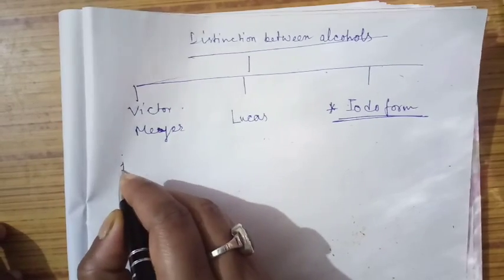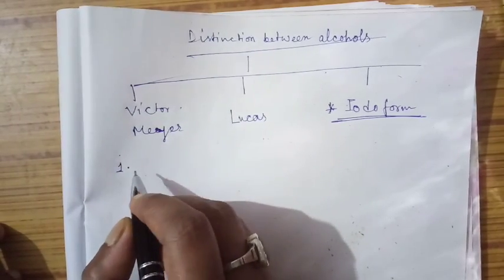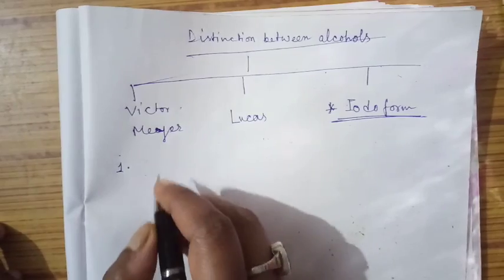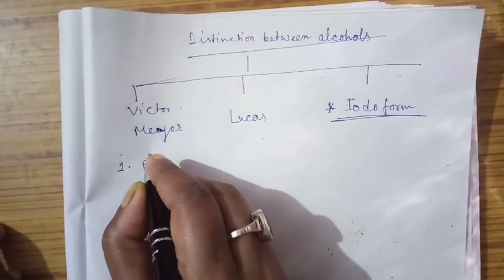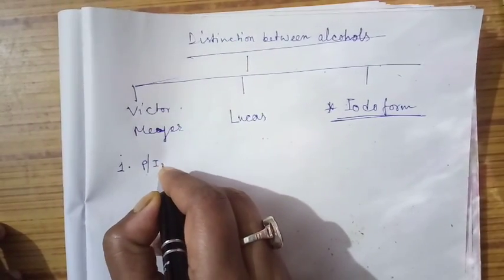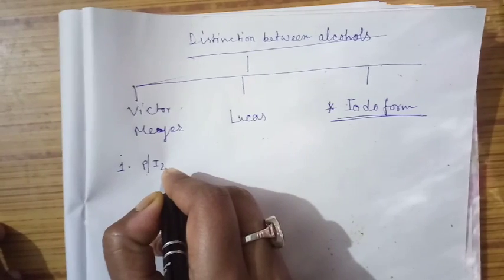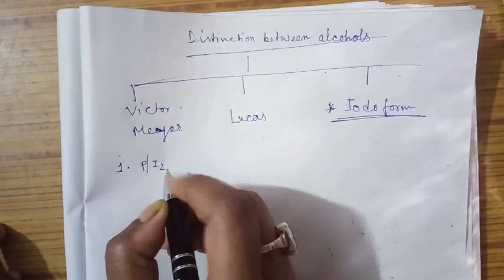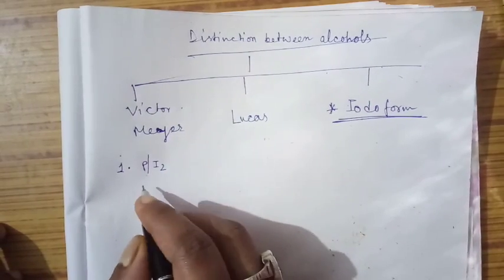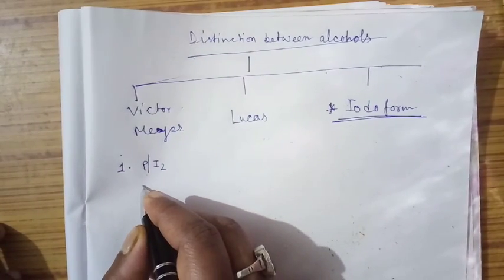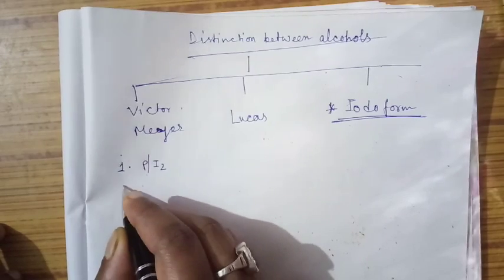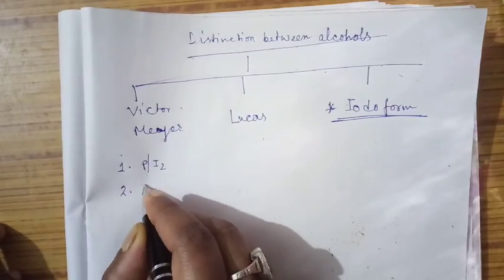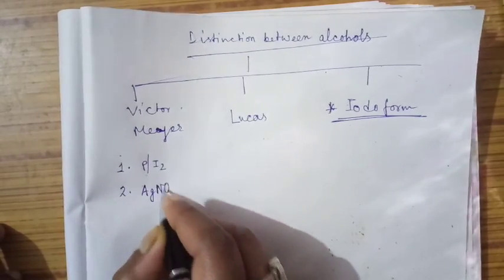Number 1, suppose you have 3 types of alcohols, you have to add first of all red phosphorus with iodine to convert alcohol into iodoalkane. All of us know this reaction already, we have discussed. Secondly, we need to add silver nitrite, AgNO2.